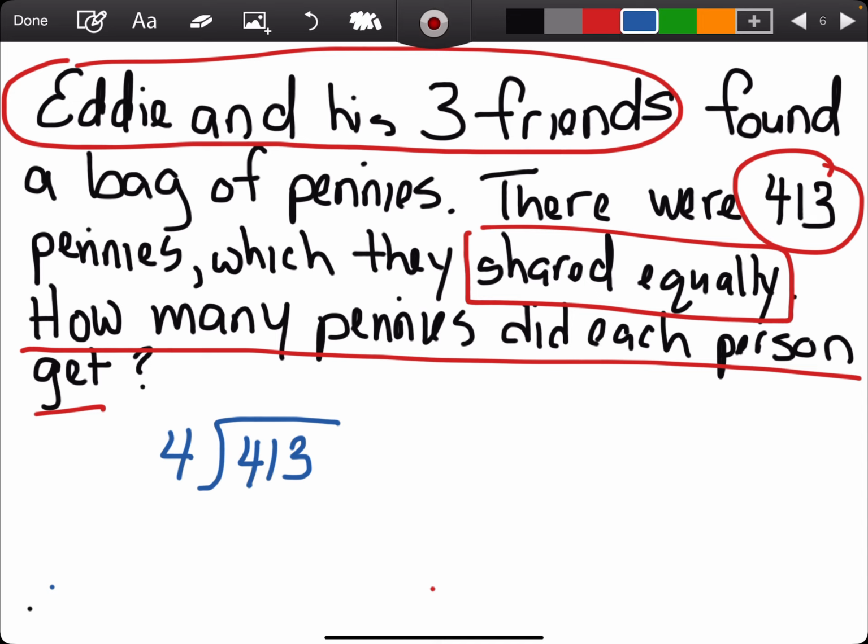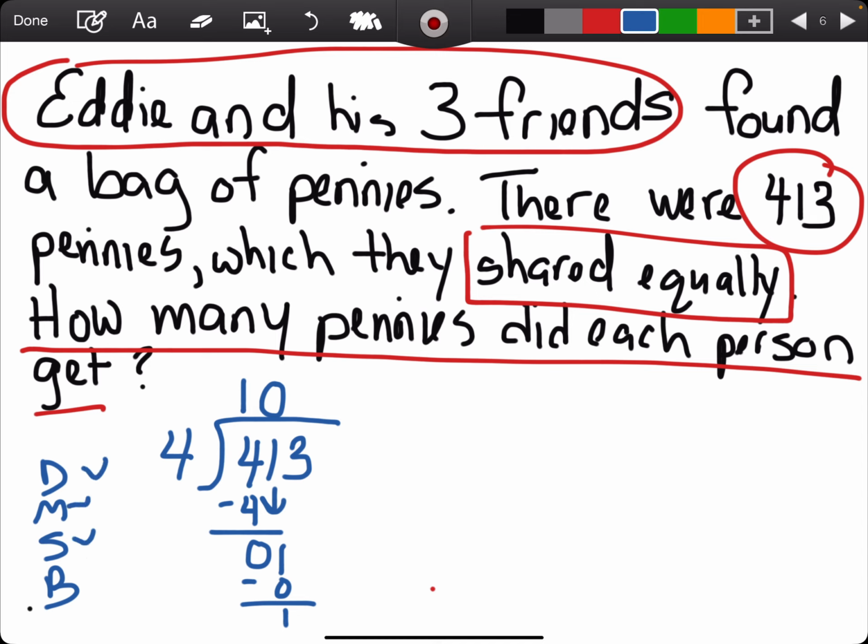All right, let's see how many pennies did each person get. 4 can go into 4 one time without going over. We divide, multiply, subtract, bring down. 4 times 1 is 4. Subtract, we get 0. Bring down 1. 4 can't go into 1, so I put 0. Multiply, 4 times 0 is 0. Subtract, we get 1.